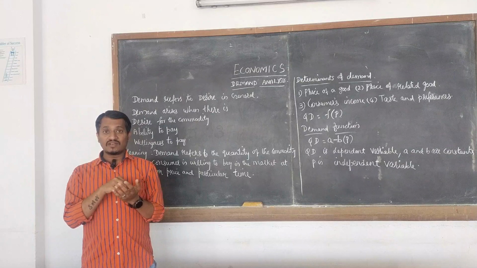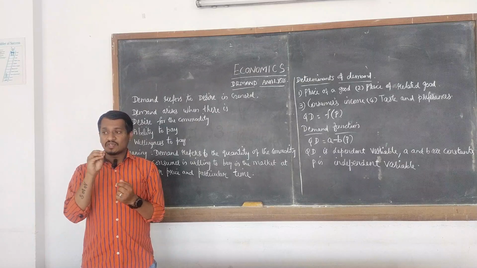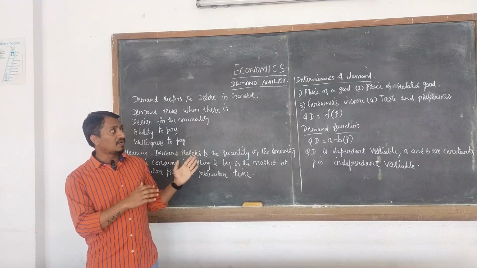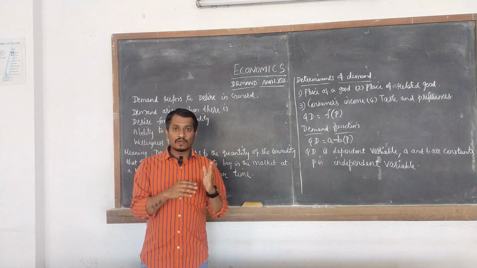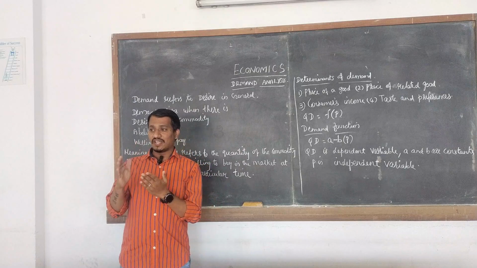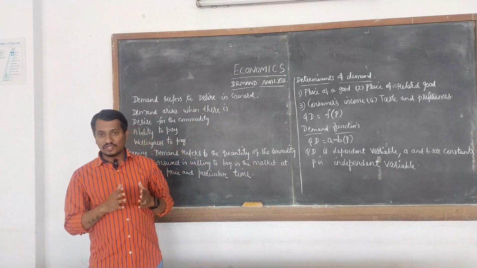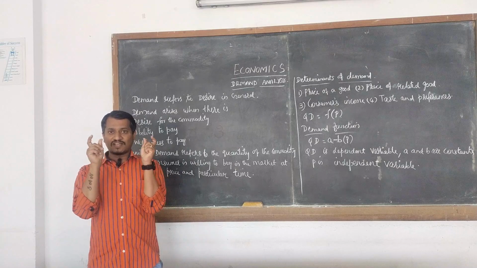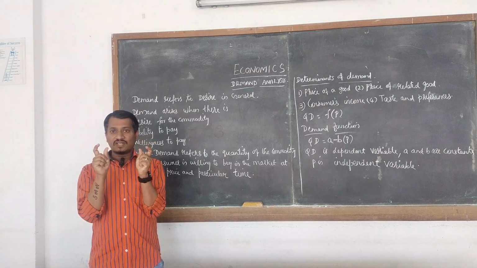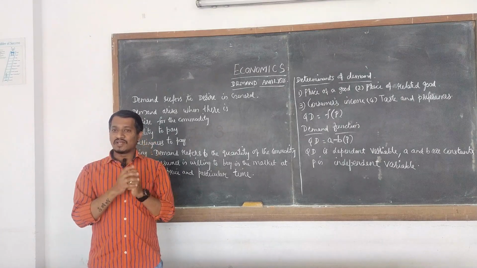The consumer will decide to buy based on the price of the commodity. Not only that, the consumer also buys based on the price of related goods. When the consumer goes to the market, he will see two commodities, compare the prices, and whichever is convenient, the consumer will buy.